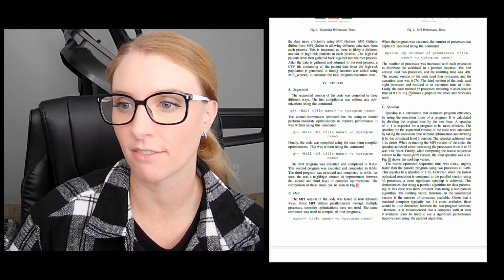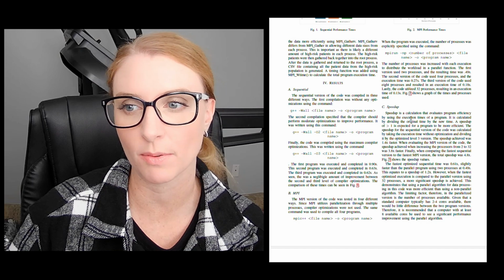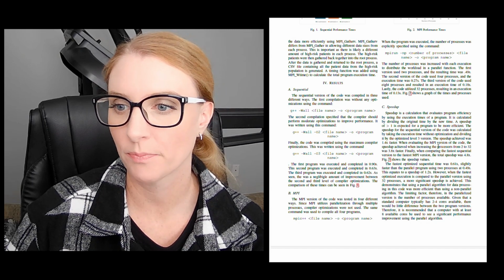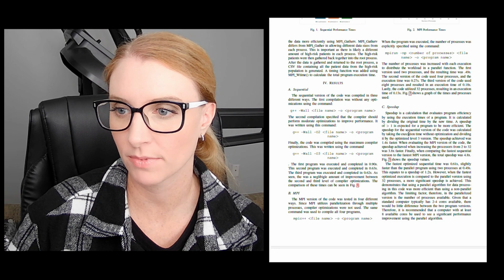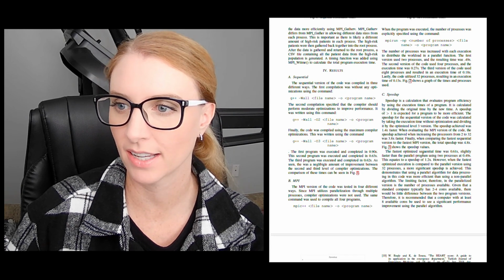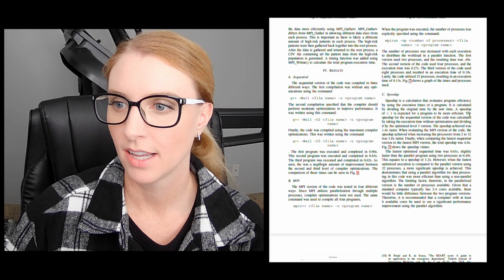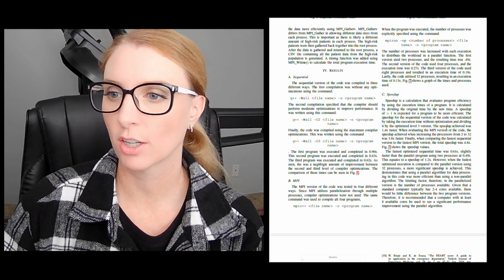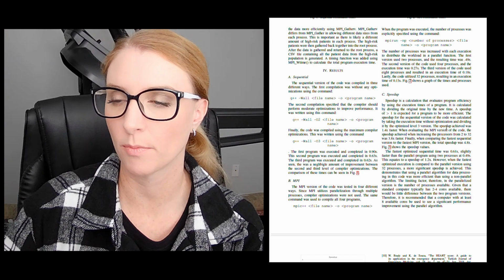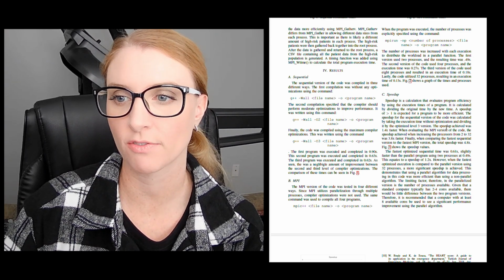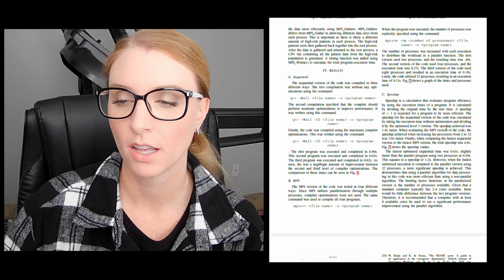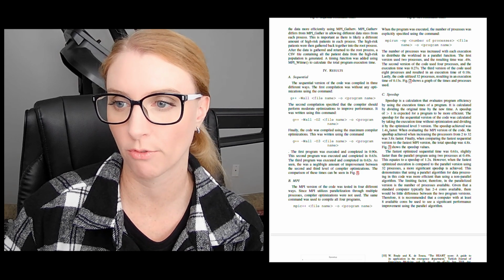To actually evaluate efficiency, we did speedup calculations between the different programs. The speedup achieved on the sequential version, when looking at the non-optimized versus the optimized level 3, was 1.4.